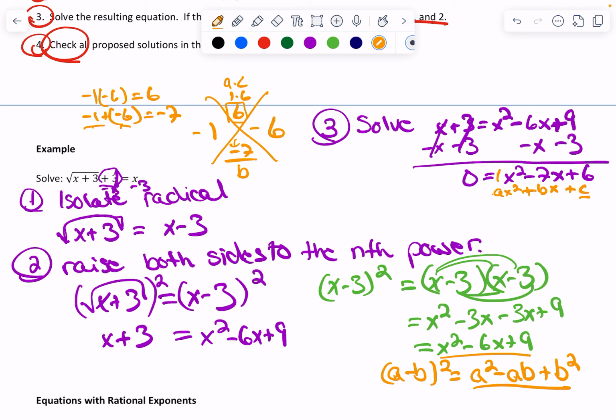Again, I'm just going quickly through this factoring. If you need a review of it, Khan Academy would be the place to go. So our factors are -1 and -6. So we can rewrite this as 0 equals x minus 6 times x minus 1.